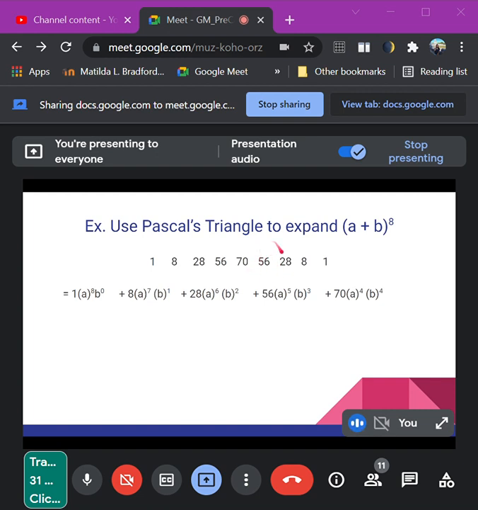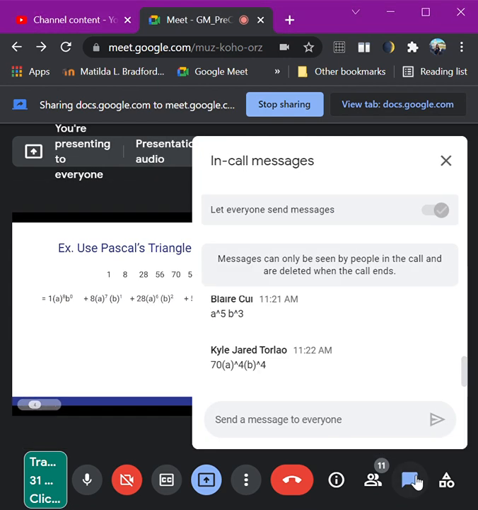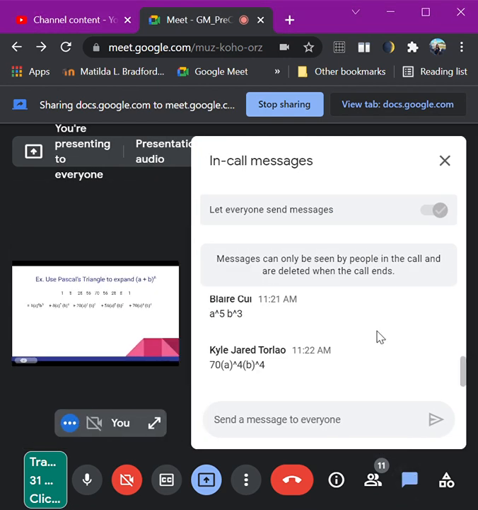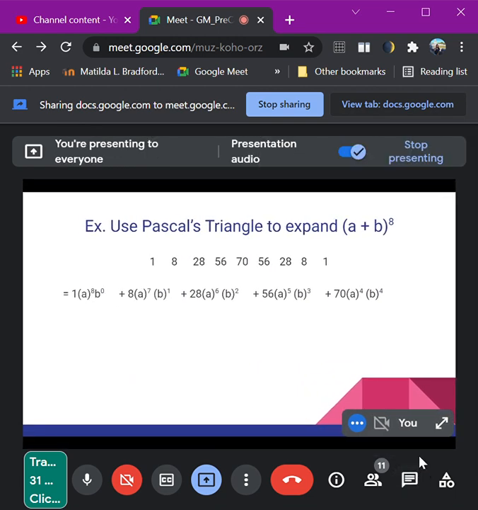Unsay next na to nga term? We have 56, A raised to the power of 3, B raised to the power of 5.